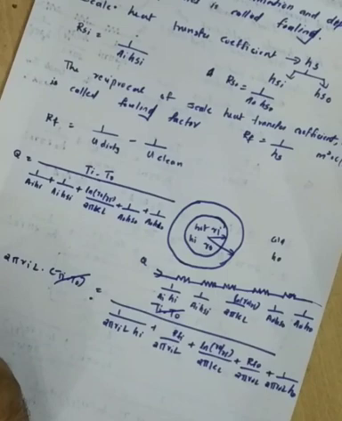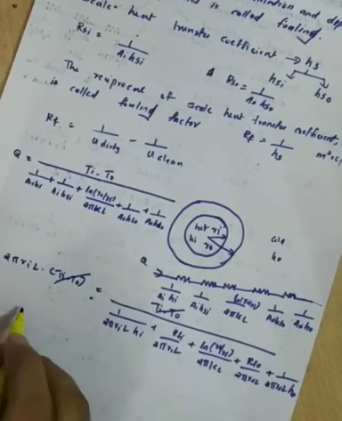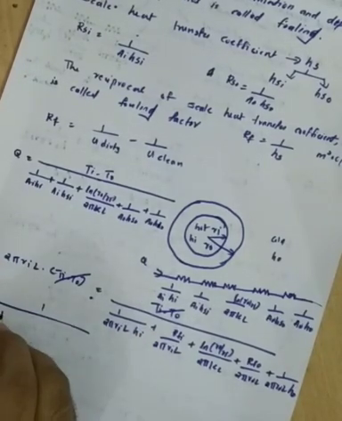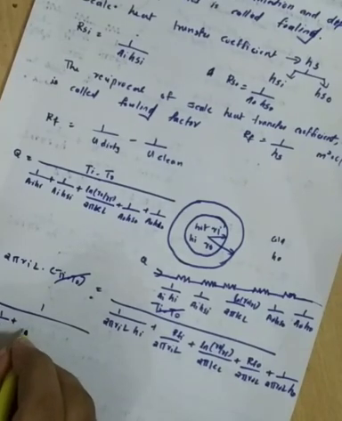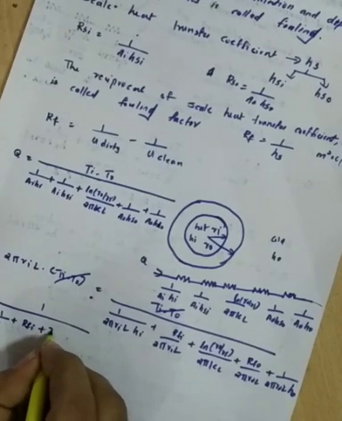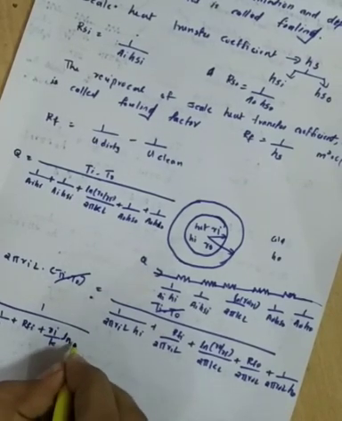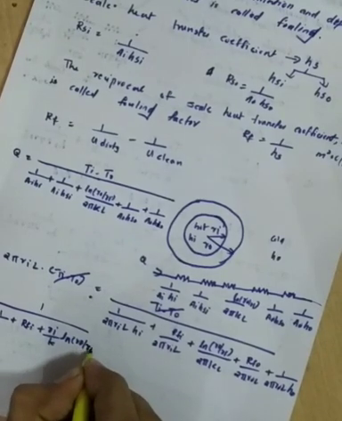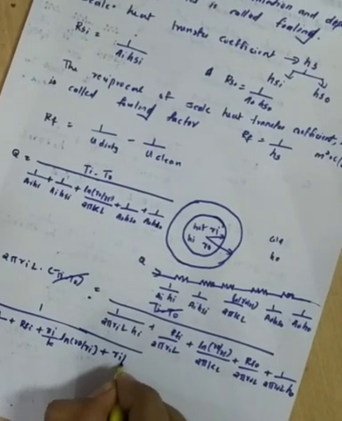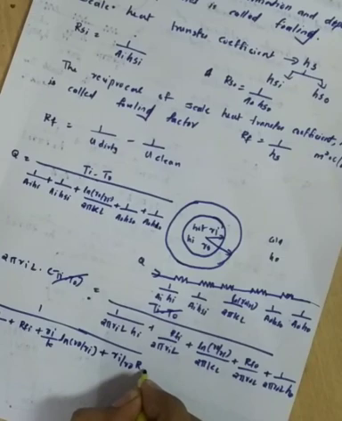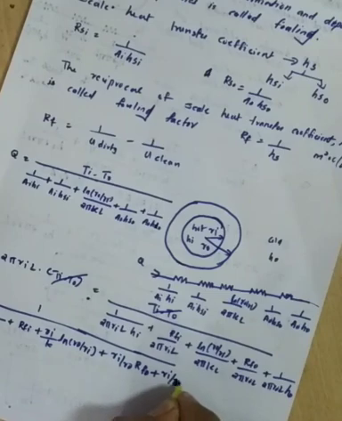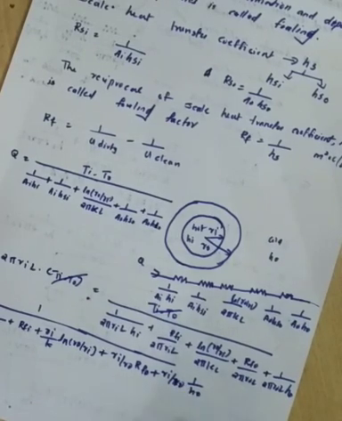So UI is equal to 1 by, 2 pi RIL, so 1 by HI plus RFI plus Ri by K log Ro by Ri plus Ri by Ro RFO plus Ri by Ro 1 by H naught.